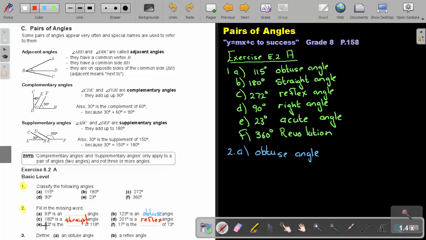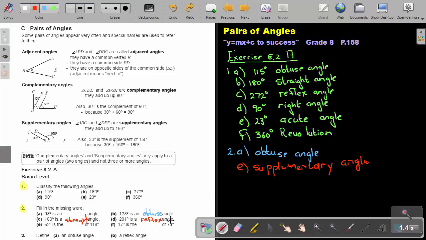And then 62 is the supplementary angle of 180. If you add those two up, you will get 180 degrees. Because that space is too small, I'm going to write it here: supplementary angle. And the last one, number F, 17 and 73.